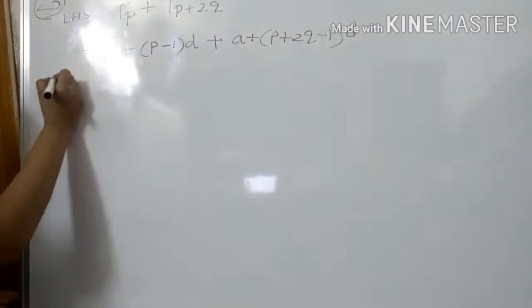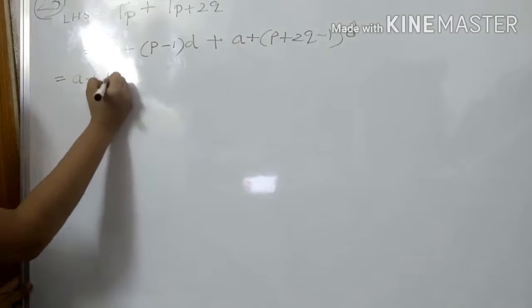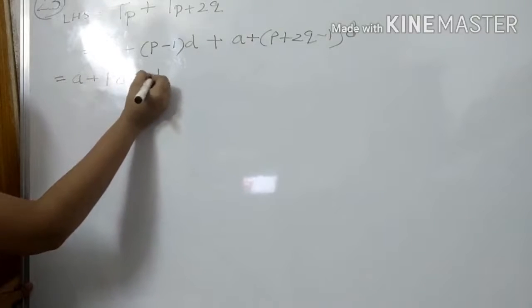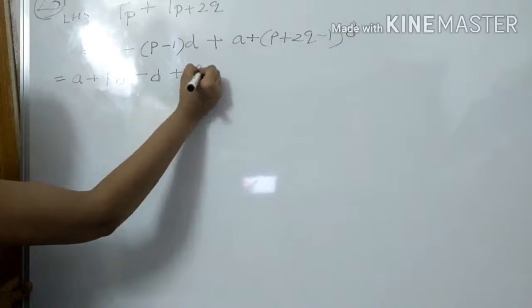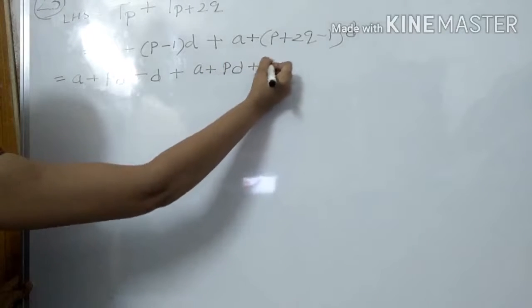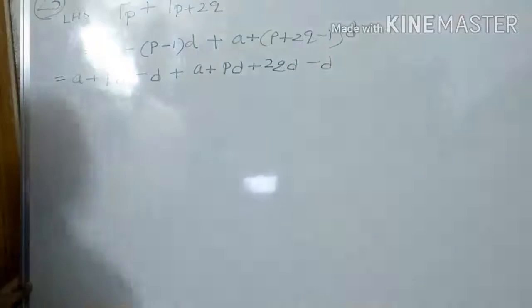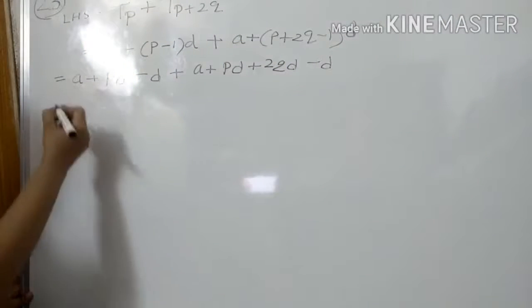Okay, now what we'll do, we'll expand it. So here a plus p into d minus d, opening the bracket, a plus p into d plus 2qd minus d. Now we'll take the like terms together.